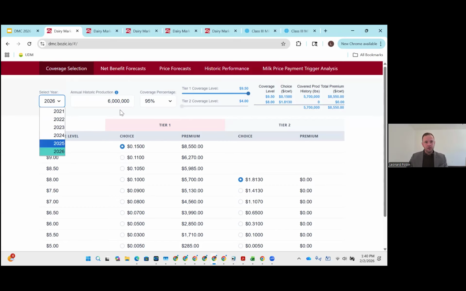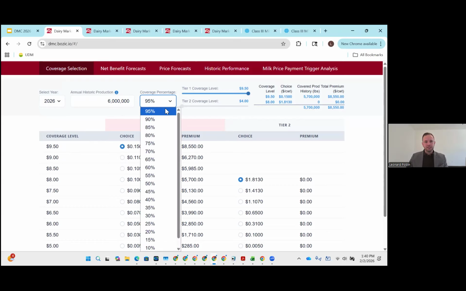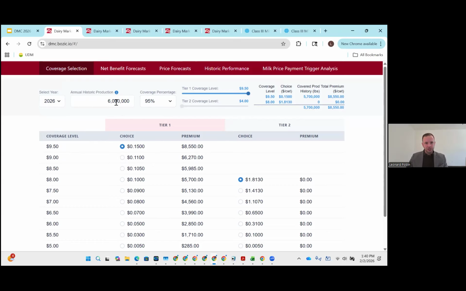When you are doing your coverage selection and looking at things, make sure you have selected the year 2026, so that it pulls through all of the information correctly. Percent coverage. This is the percent of the production. So right now, this would be 95% of this 6 million pounds covered.